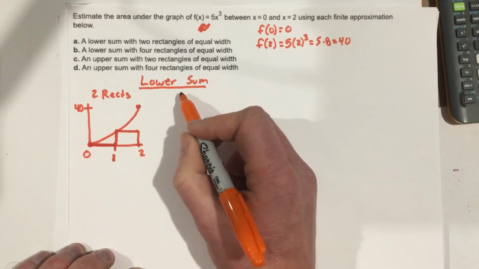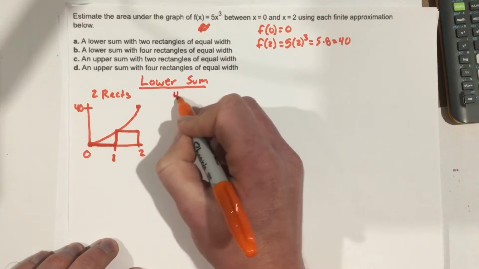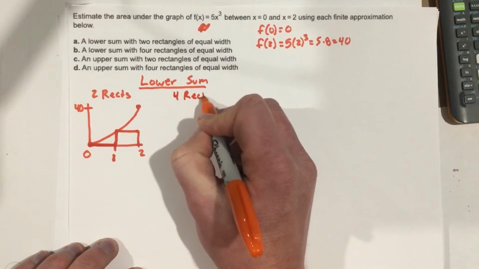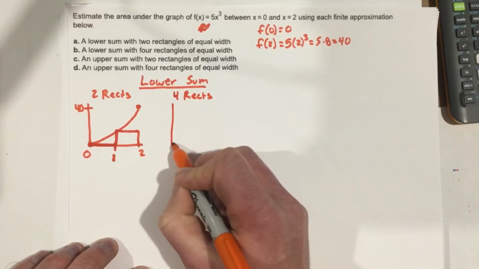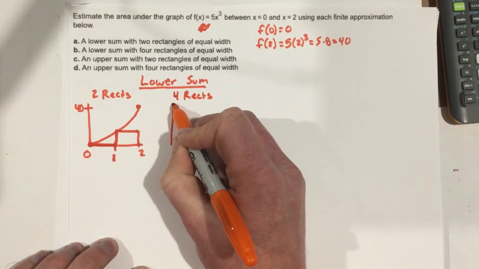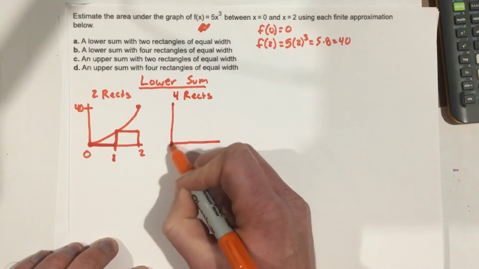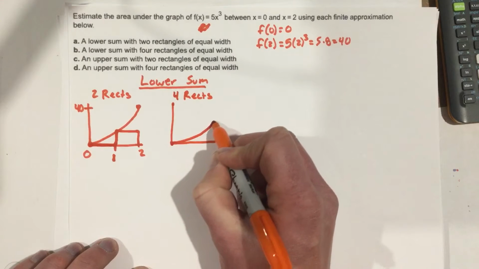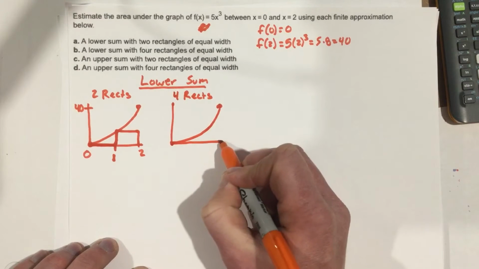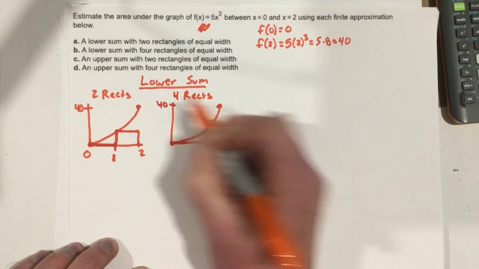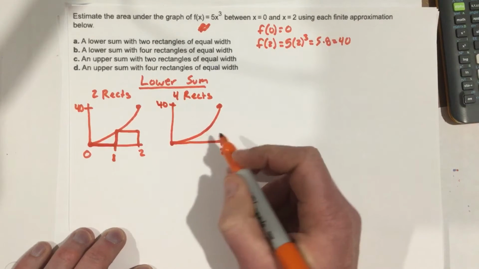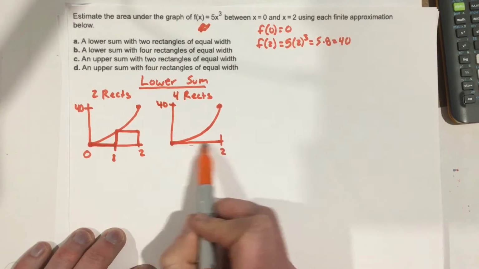If we do the lower sum for 4 rectangles, we're going to get the exact same graph. So I'm going to go ahead and draw 0. This is 2. So that's 40. The difference, though, is with 4 rectangles, we're going to split the width into 4s.